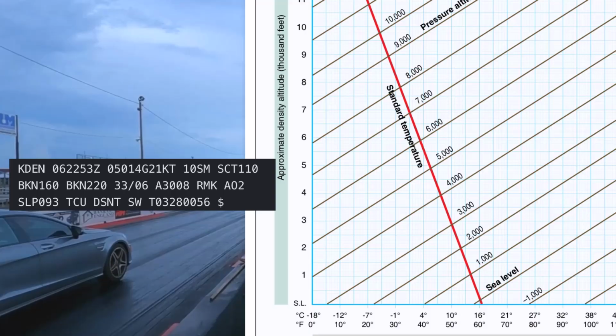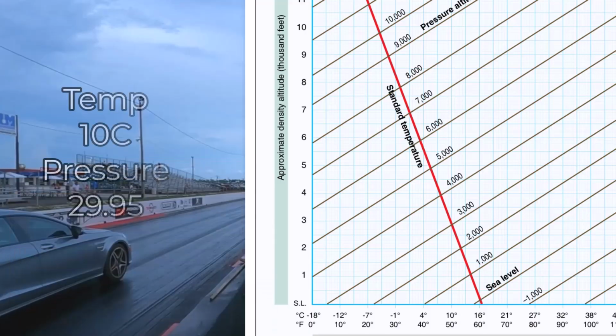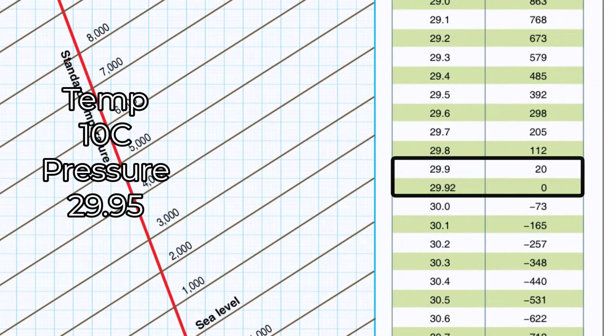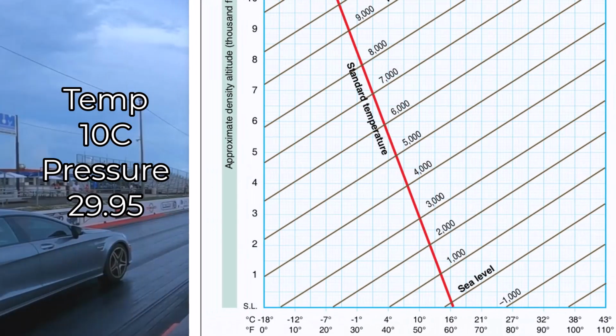Let's say the temperature is 10 degrees Celsius and the barometric pressure 29.95. First, we add 10 feet to the field elevation, making 5,441 feet. Enter the left side of the chart at 10 degrees Celsius. Go straight up till we hit an imagined diagonal line just south of the midway point between 5,000 and 6,000 feet pressure altitude.